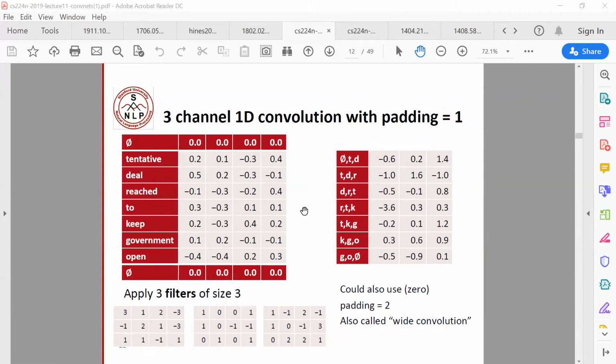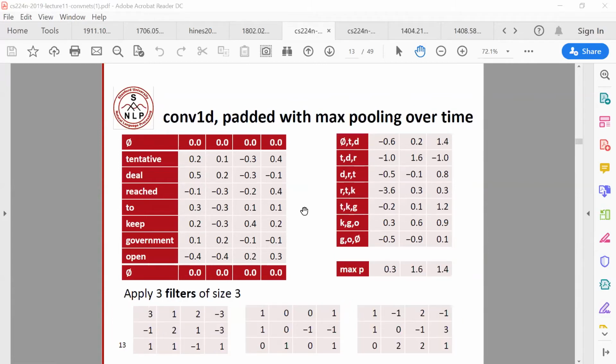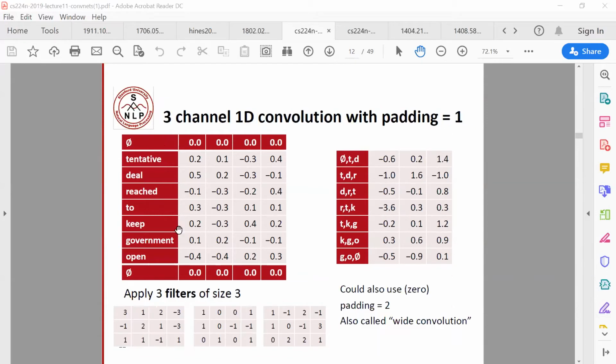So he's running through all of these ideas about convolutions that eventually get applied. Now, one thing that gets talked about in one of the papers that successfully applies convolutions to simple tasks like sentiment classification, they use max pooling over time, and all that means is you apply the convolution, 3 filters of size 3, like we saw on the previous page, and then we get this thing here.